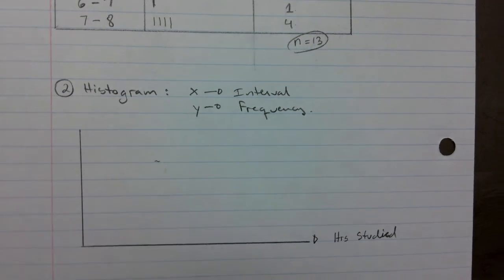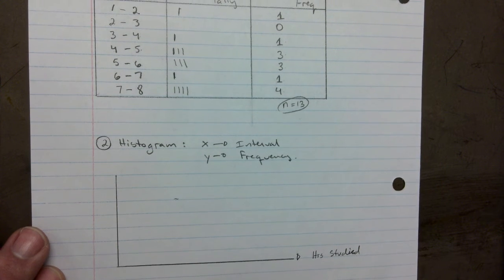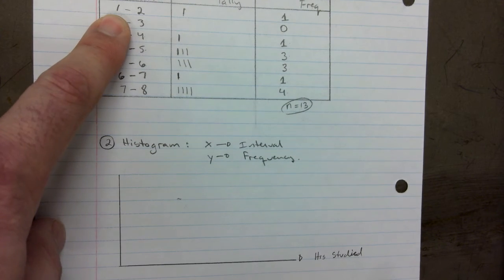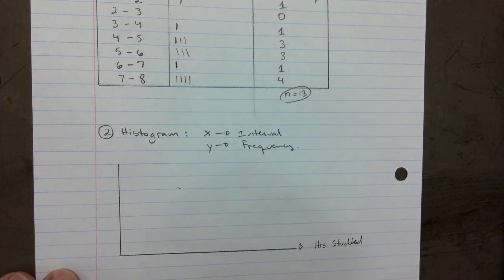Let me just zoom out a little bit, so you can see the whole thing. The lowest number is 1. It's very close to 0. So you can actually start right with 0 here and then just go 1, 2, 3, 4, 5, 6, 7, 8, right?